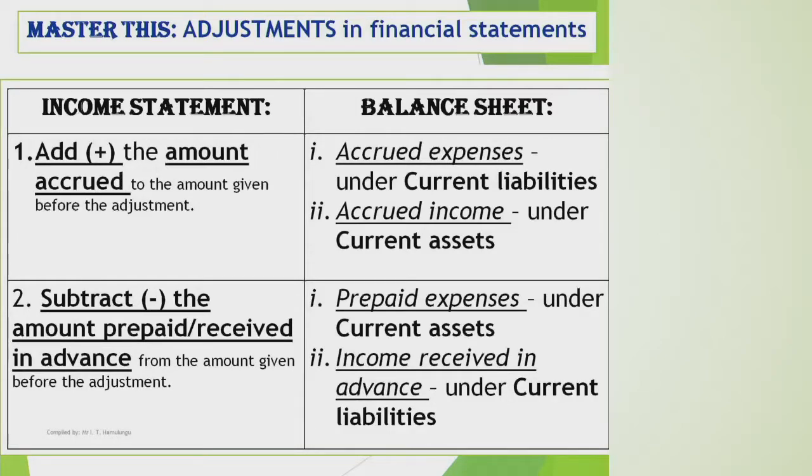Income statement. How are we going to treat this in the income statement? Number one, when we are dealing with the amount accrued, we add to the amount given before the adjustment. You know, when you are doing this financial statement, you are usually given balances from the trial balance and later adjustments.